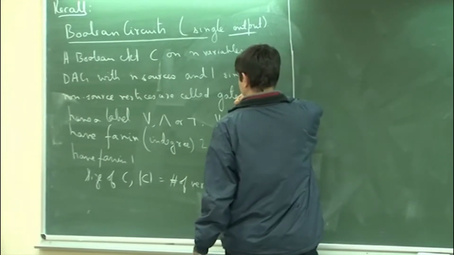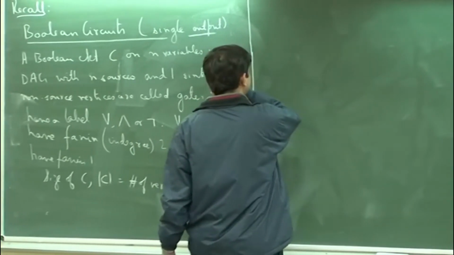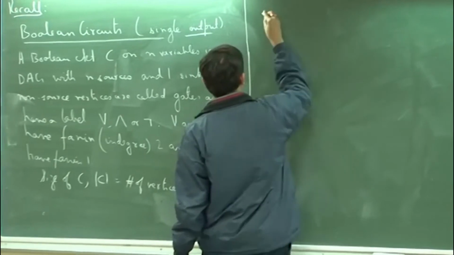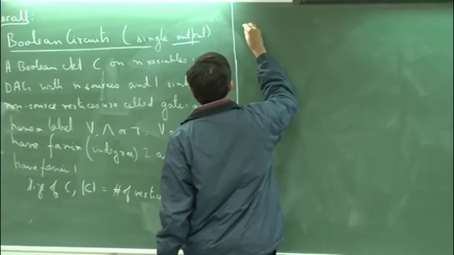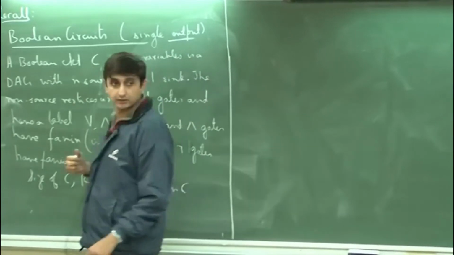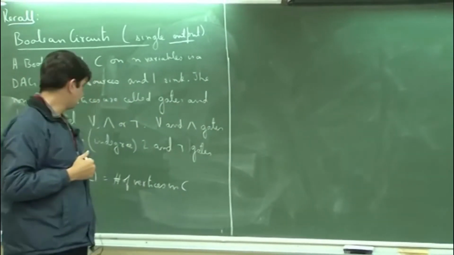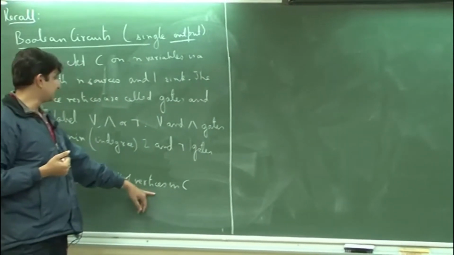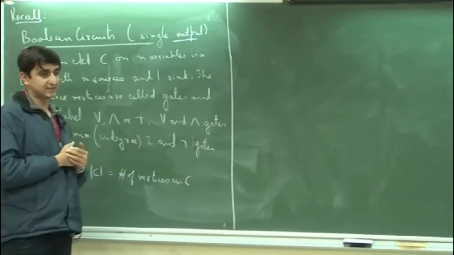So how do we compute a value? That is done in a natural manner, but I can mention it. When I say vertices, I mean sources as well.